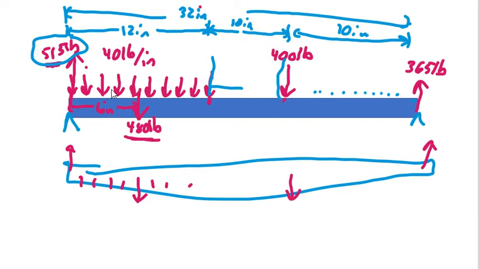If I dealt with 6 inches, then I wouldn't have a force of 480. I would have a force of 240, and it would be 3 inches away. If I went 9 inches, then I would have a force of 40 times 9, which is 360, and it'd be 4.5 away.